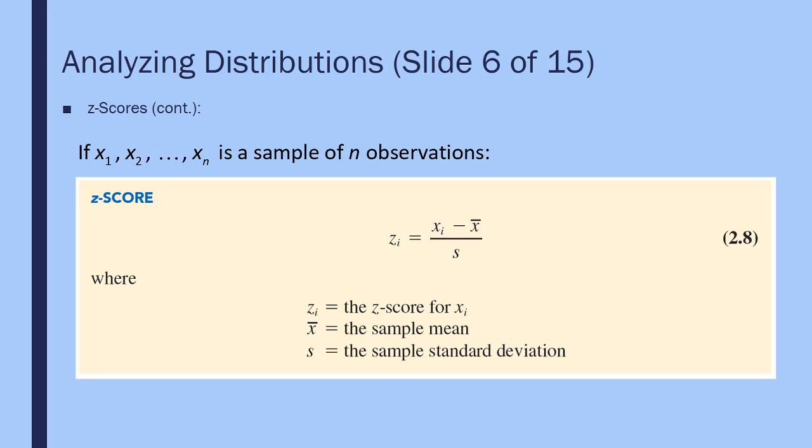So z sub i is equal to x sub i minus x bar divided by s, where z sub i is the z-score of x sub i, x bar is the sample mean, and s is the sample standard deviation.